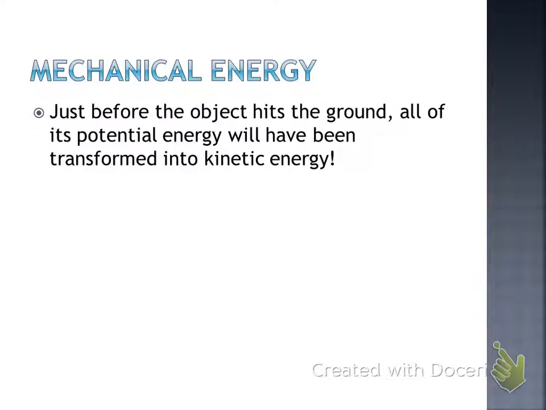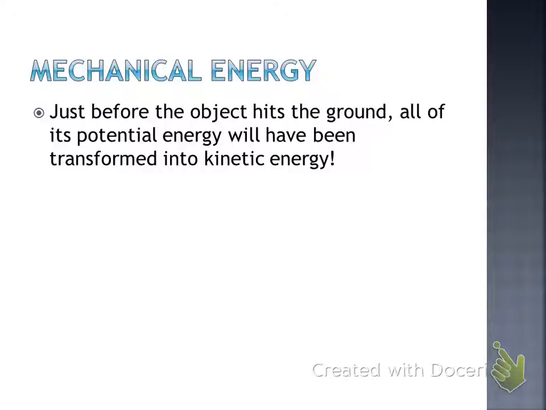So we looked at the kinetic and potential, and we're going to start looking at the connection between those two, right? If I hold something in the air, what type of energy does it have? If it's not moving, but I'm holding it above the ground? Potential. It has all potential. As it starts to fall to the ground, what happens? We start transforming into kinetic. If it's halfway to the ground, does it have both types? Yes, it does.